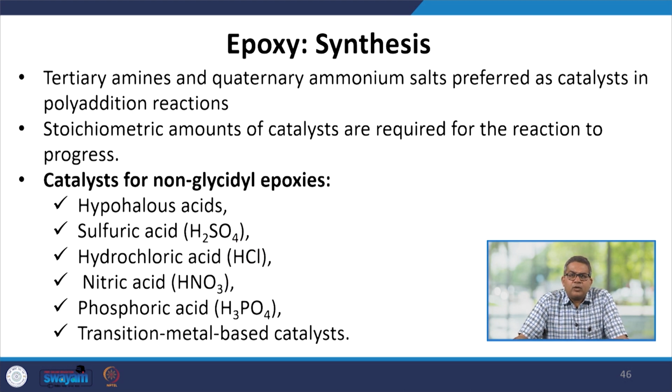Tertiary amines and quaternary ammonium salts are preferred as catalysts in polyaddition reactions, and a stoichiometric amount of catalyst is required for the reaction to progress. For the non-glycidyl epoxies, hypohalous acid, sulfuric acid, hydrochloric acid, nitric acid, phosphoric acid and transition metal based catalysts can be used.